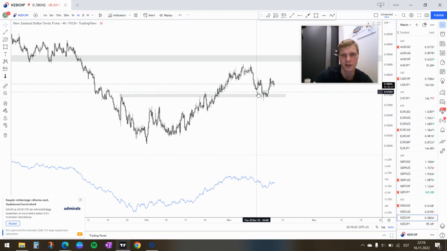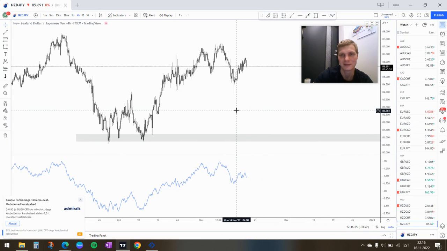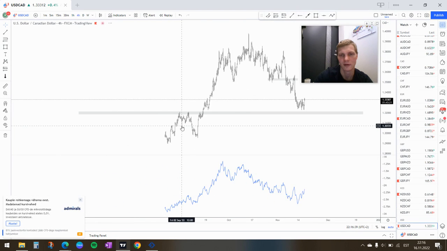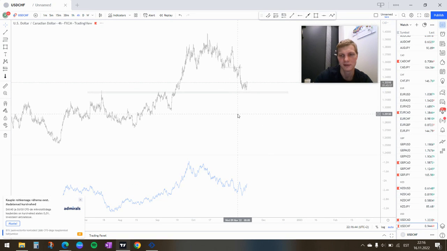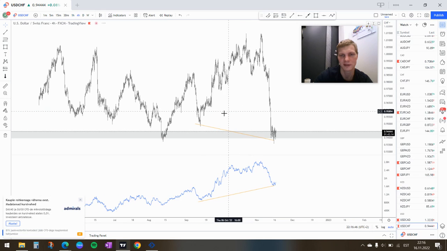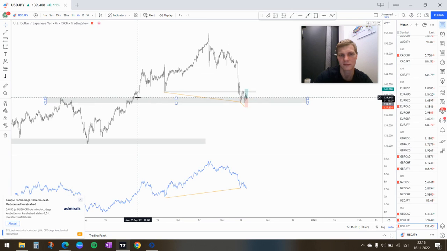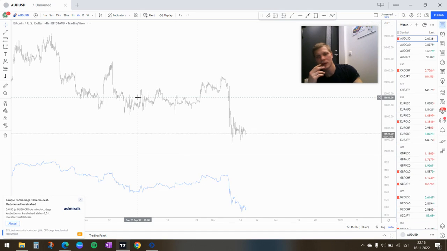This worked out actually. Price was over here somewhere when I anticipated it's going to make a move down to this zone and then go up. Waiting for a pullback on USD CAD to this level here. USD CHF sitting in the same spot. So yeah, I don't have anything new right now.